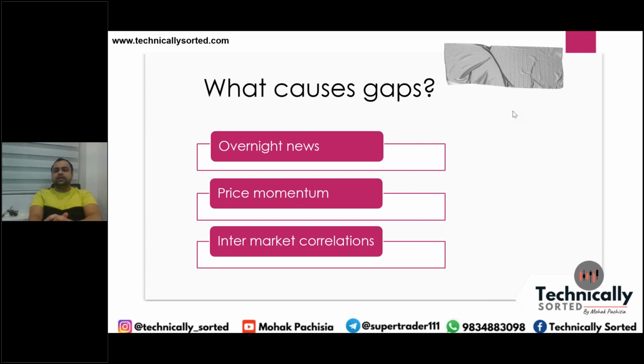Suppose there is something that impacts the economies of all the countries. Say, for example, maybe the WHO declared the coronavirus as a pandemic. When they declared this, that okay, WHO recognizes this as a pandemic, the news came in towards the evening, if I'm not wrong. If that came towards the evening, Indian markets were not on at that time.